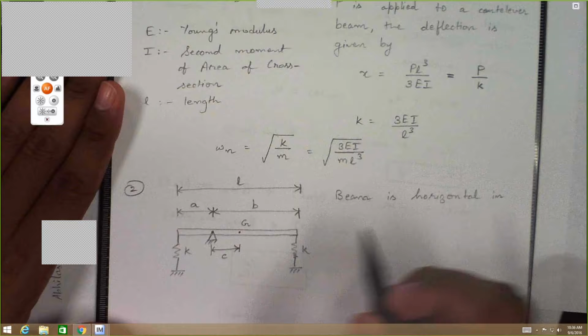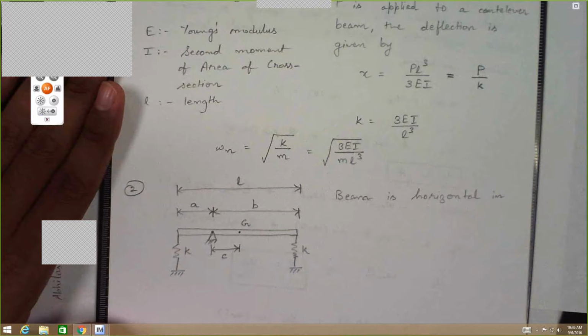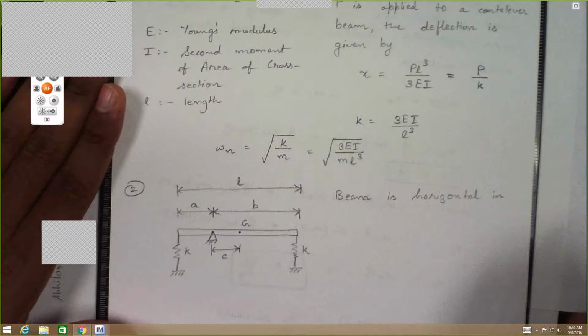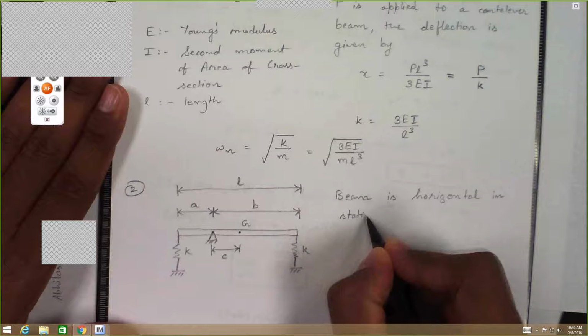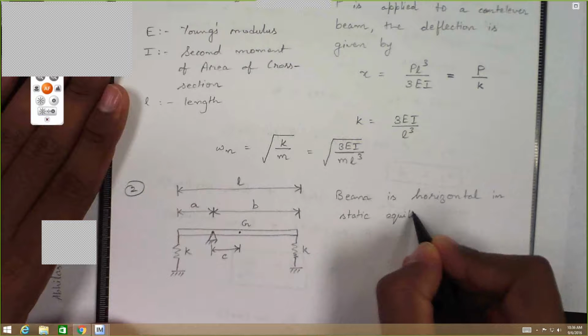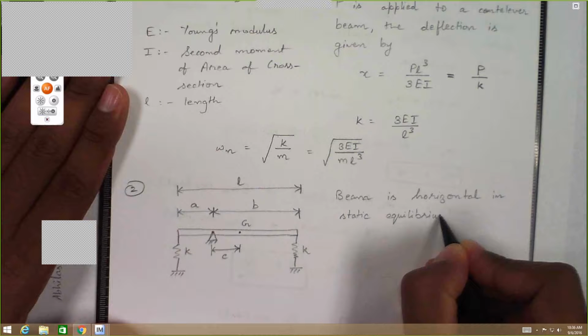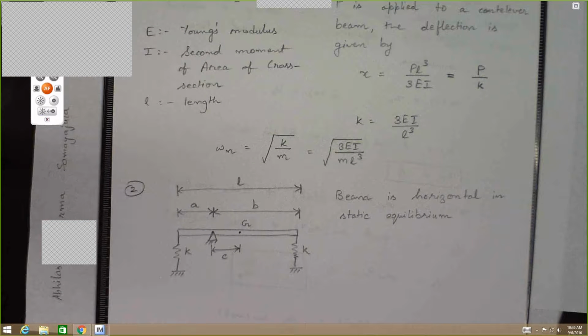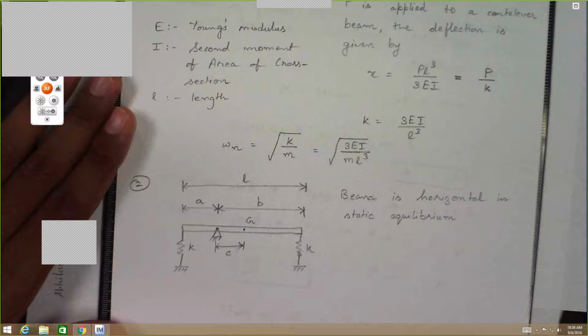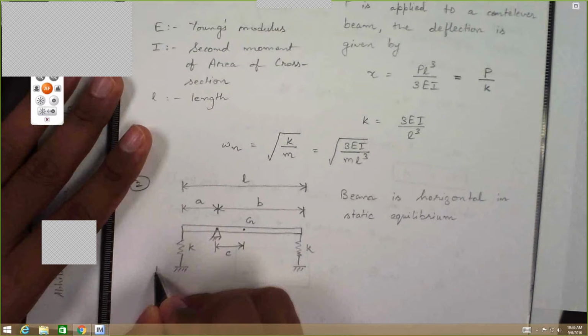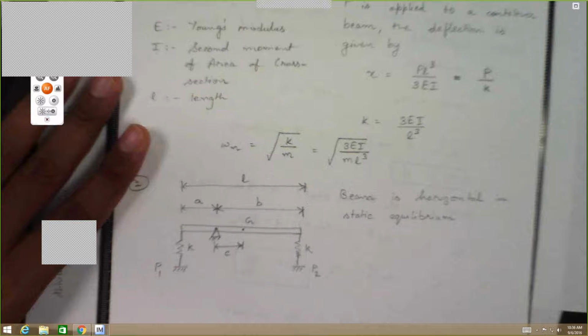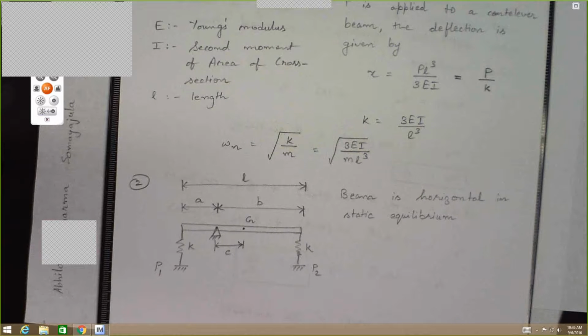C is the distance between the simple support point to the center of the beam. And let's assume that the original forces in the spring are P1 and P2, and both are acting upward.